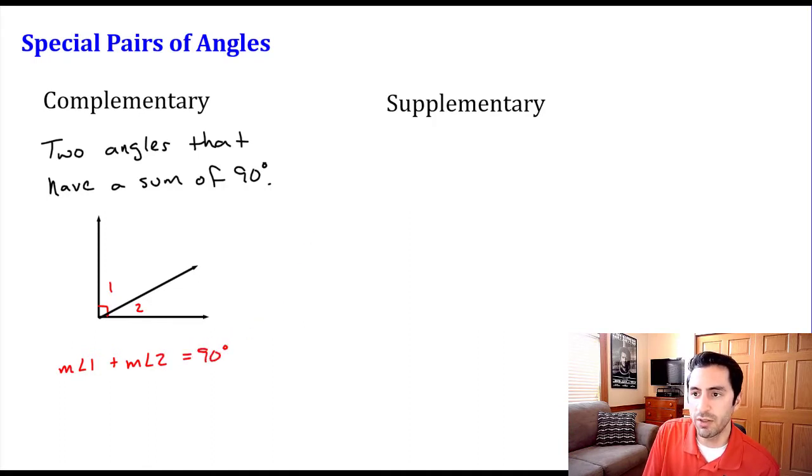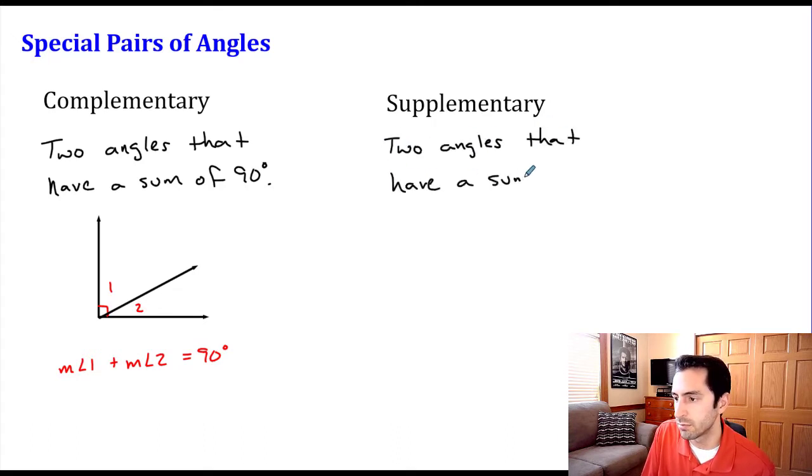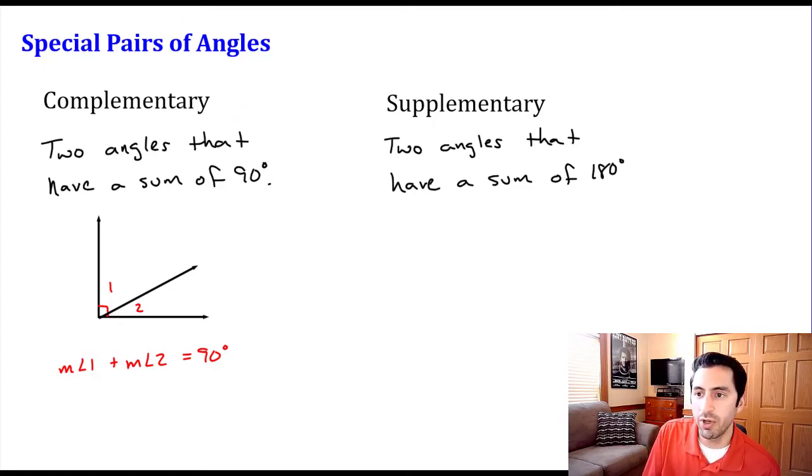If I compare that to supplementary angles, supplementary means two angles that have a sum of 180. So it's a very similar idea. The only difference is instead of adding up to 90 degrees, these add up to 180 degrees. And again, we'll put a diagram with this so we can visualize it.